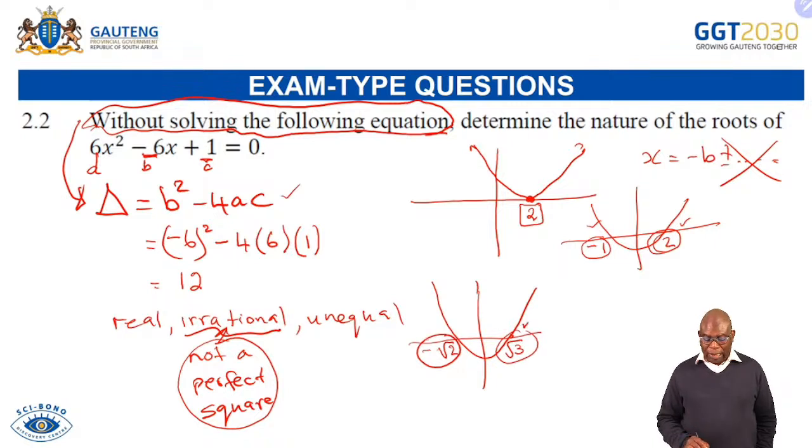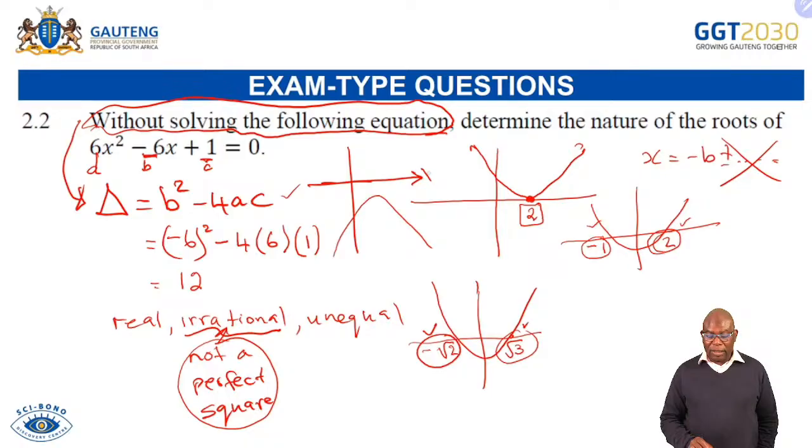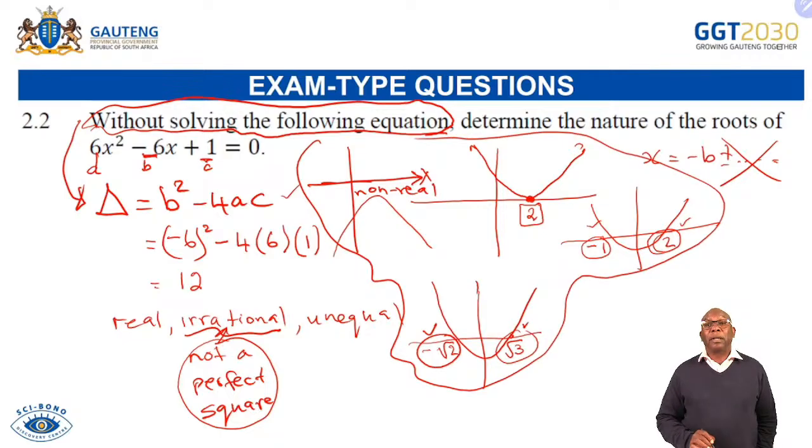Then I talk to this one, whereby I can draw a graph like this. This graph does not touch the x-axis, so the roots are non-real. So this is just a quick summary on the graphs that you can get. These ones we say they are equal roots. This one we say they are irrational roots. And this one we say they are rational roots.